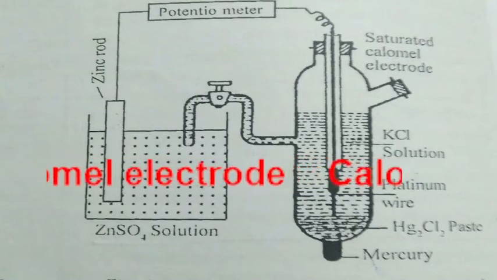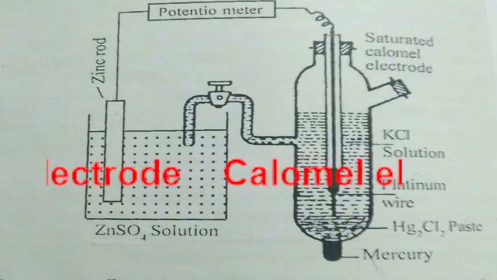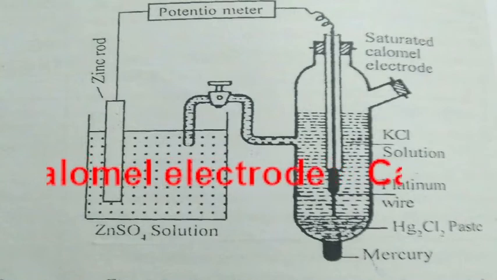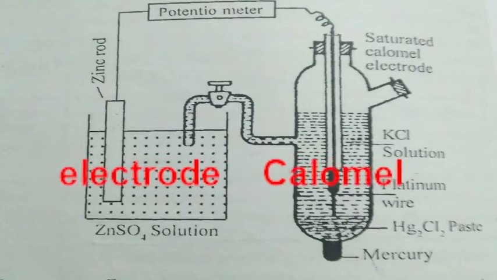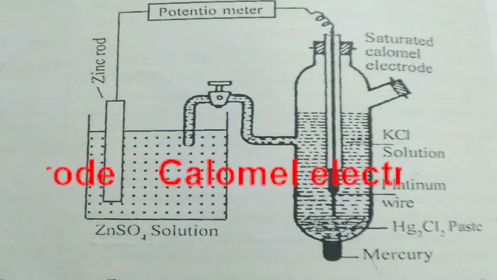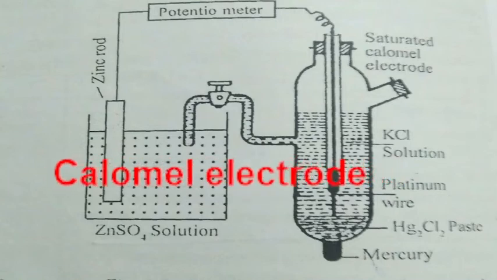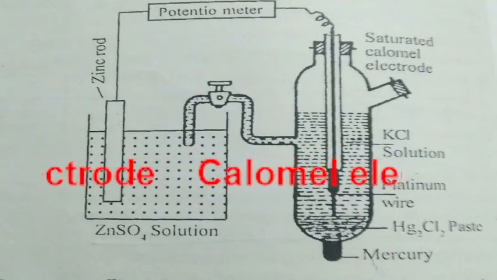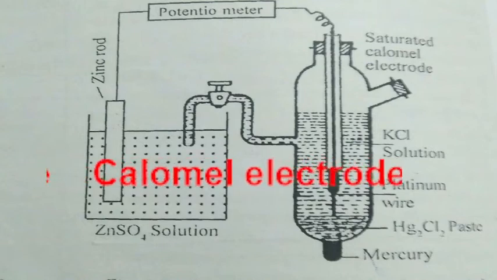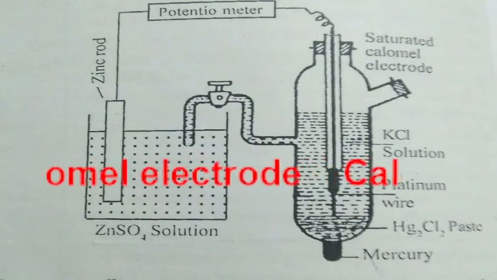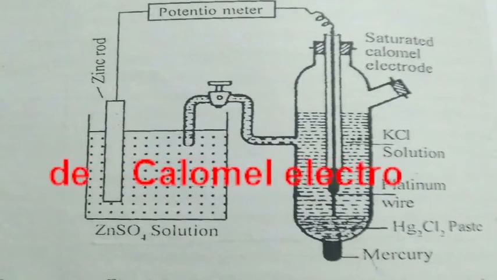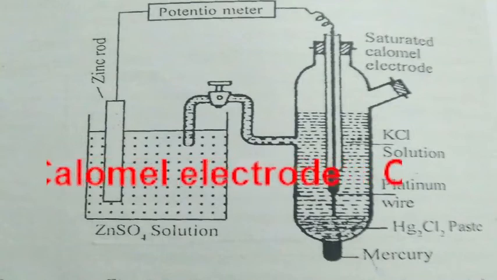If it is decinormal, it is known as DNCE, decinormal Calomel electrode. For one normal, it is normal Calomel electrode, NCE, and for saturated solution, SCE. So with varying concentration of potassium chloride, there are three different Calomel electrodes possible, and they can have three different electrode potential values.